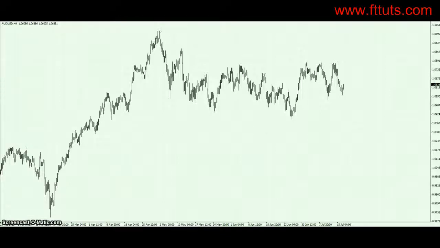Before I start drawing some lines on the chart, I just wanted to mention a quick word about bias. Often you'll read in various trading texts, perhaps on forums also, that as a trader it's not a good idea to have bias.